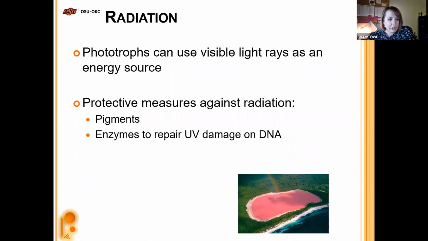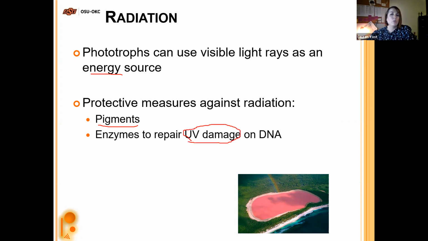In the presence of radiation, phototrophs have to be able to deal with this, right? Because they're in the sun, that's their whole point. So phototrophs can use visible light rays as an energy source. So they need protection. How do they protect? They have special pigments that absorb the energy of the radiation itself, or they have special enzymes to repair UV damage.